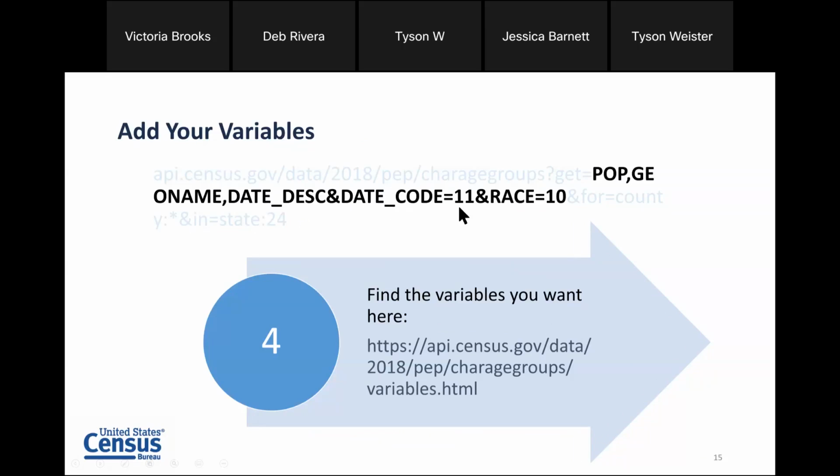In this case, that signals that I'm asking for data from the July 1st, 2018 vintage of the population estimates. And race equals 10, which gives me data for the Asian alone or in combination population group. For each data set, you're going to be able to find a list of variables for that data set, and I'm going to show you how to access that in order to find what you're looking for.